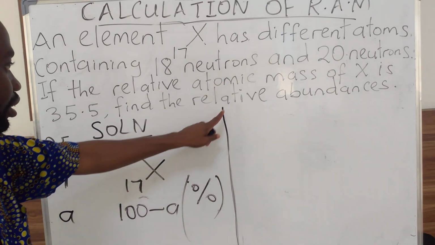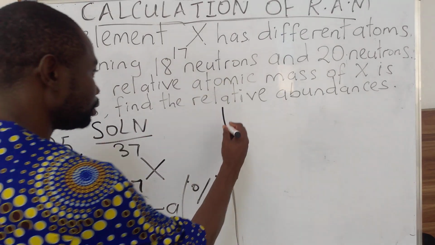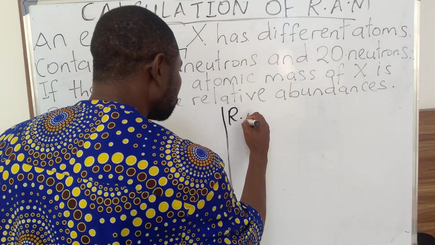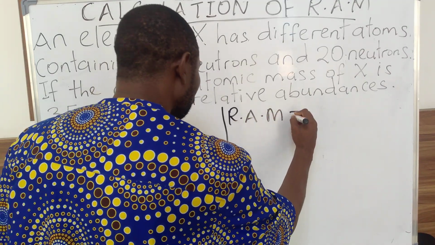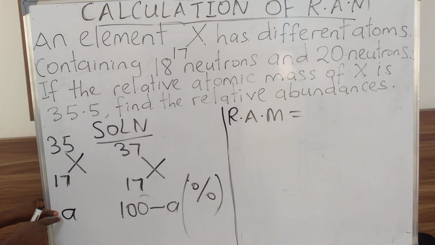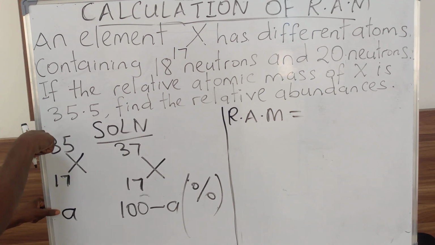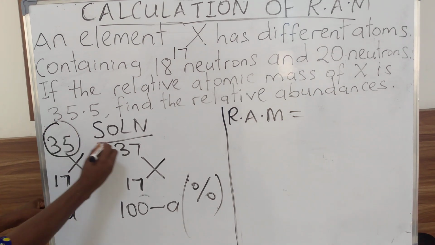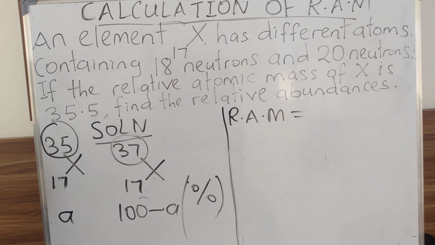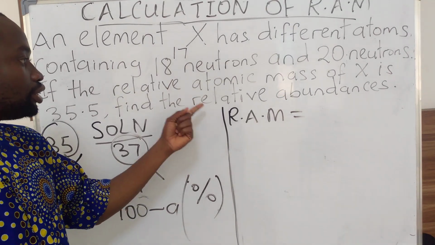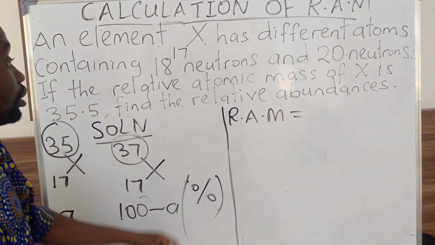Now, to get the relative atomic mass, don't forget we use the mass numbers, and we are calculating relative atomic mass.